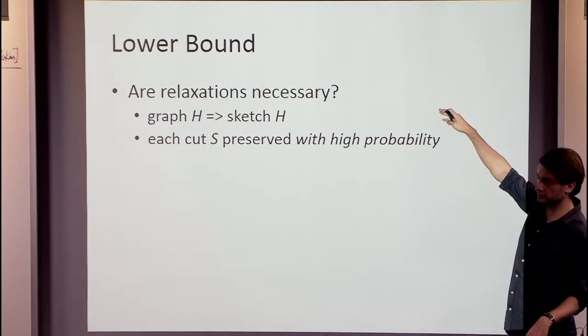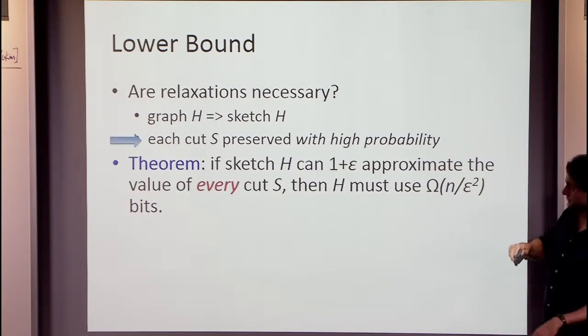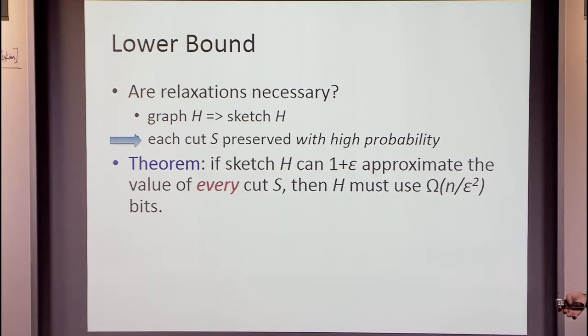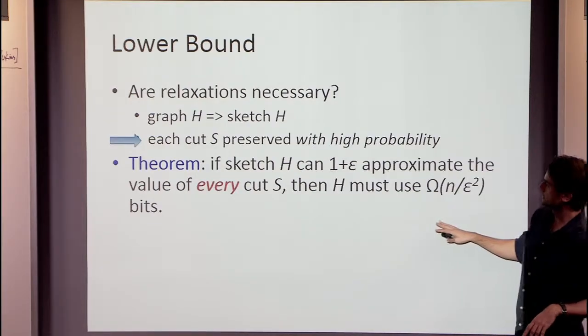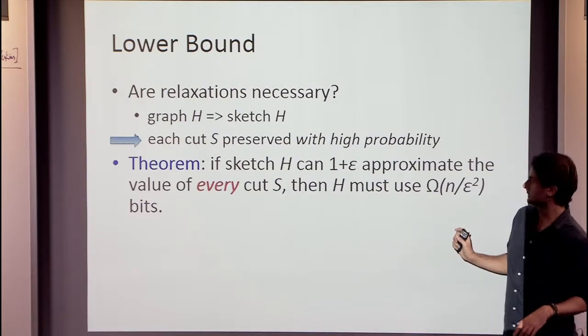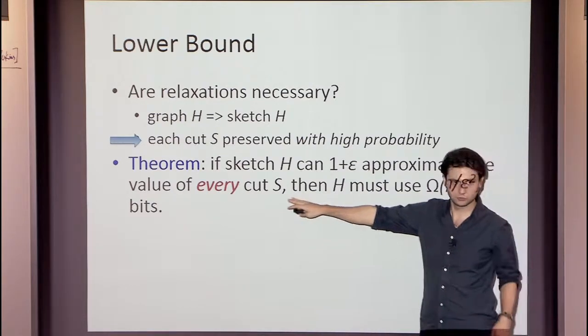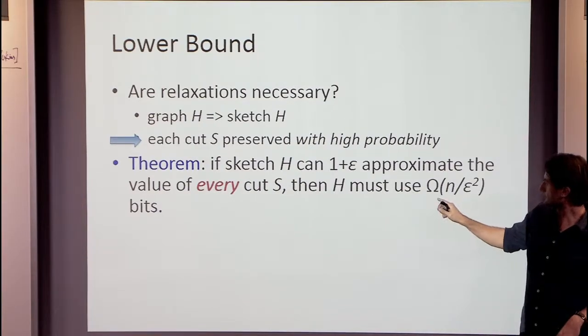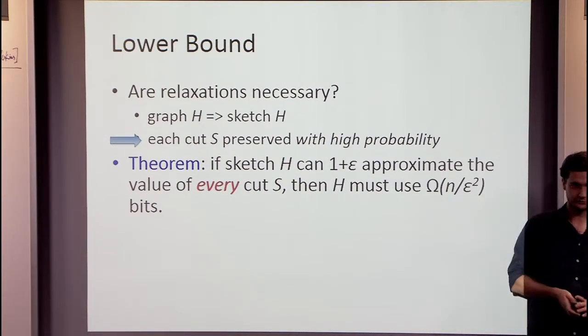I don't know about this one. For this one, we prove a lower bound. It is not only a graph size lower bound, it is an actual information theoretic lower bound, saying that the amount of information that needs to be stored to be able to sketch every cut S, without any probability, I mean with probability 1, requires n divided by epsilon squared bits.